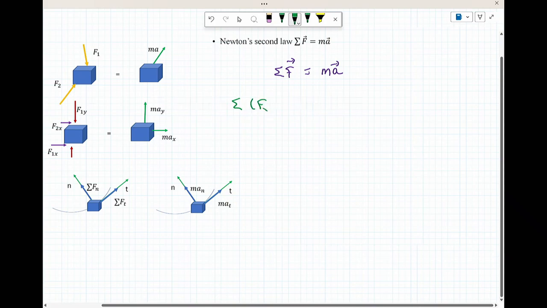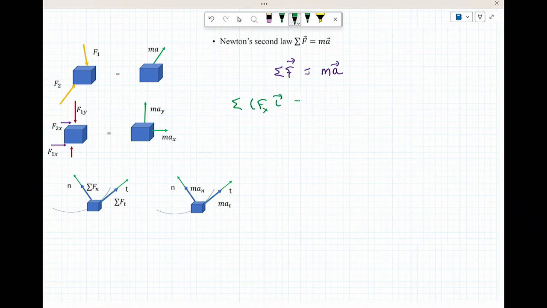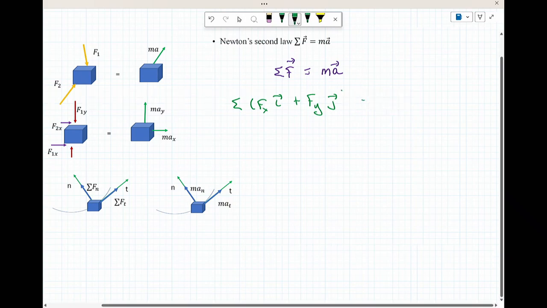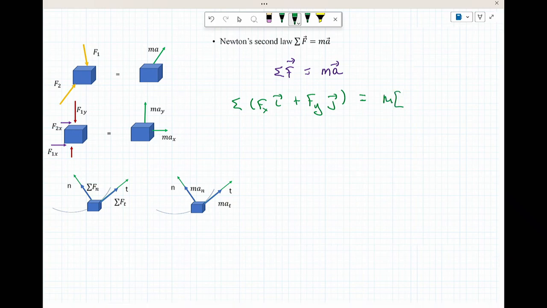The thing is, you're going to do the same thing you've done before. I'm actually going to not use 3 dimensions here. So the whole goal of writing and doing all of these various types of free body diagrams is to break it down into components.